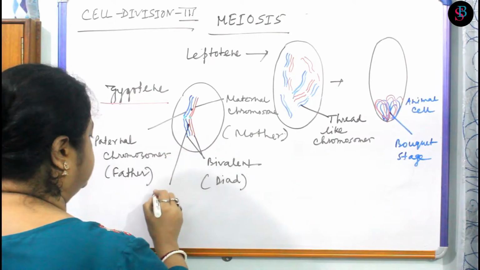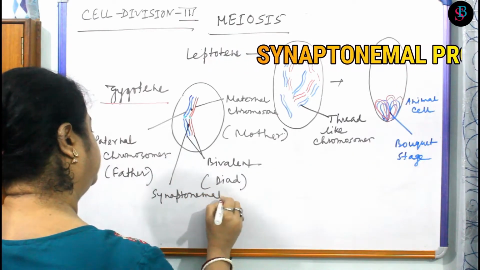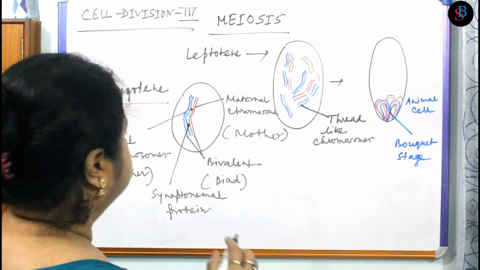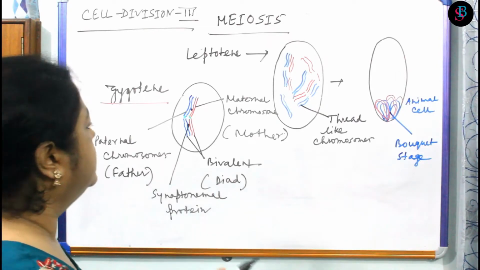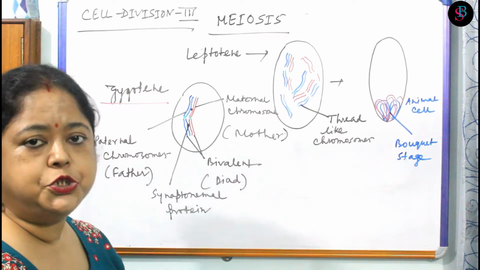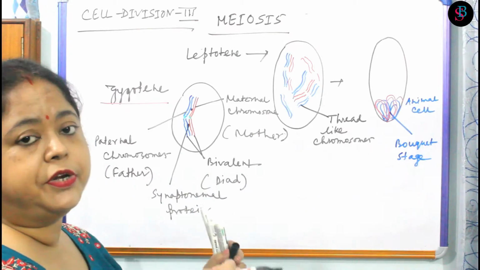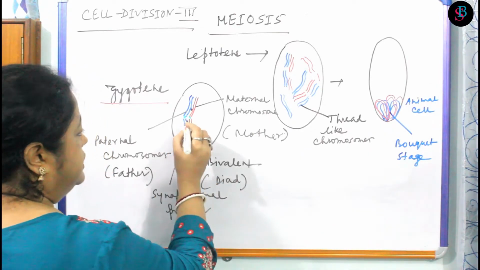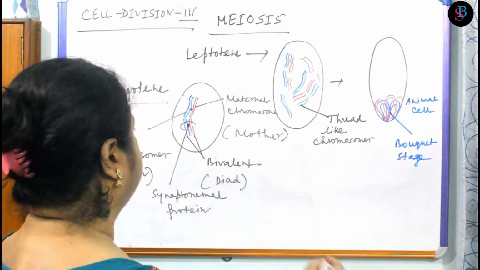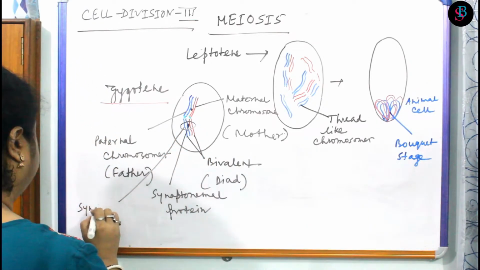This synaptonemal protein is just like an adhesive or glue, keeping the two chromosomes very close to each other, binding the two chromosomes. This complete configuration, that is chromosome plus synaptonemal protein, is known as synaptonemal complex.